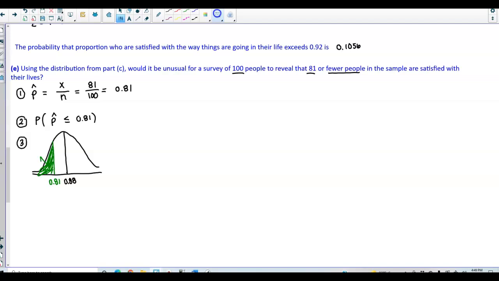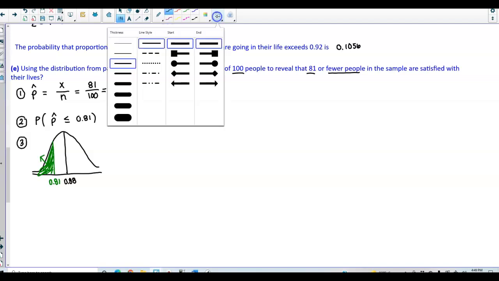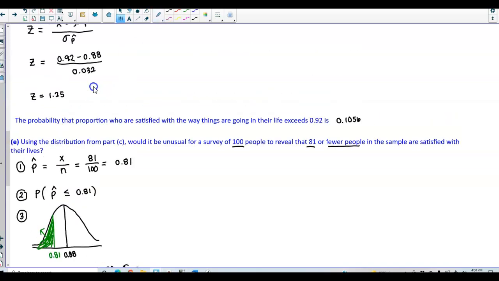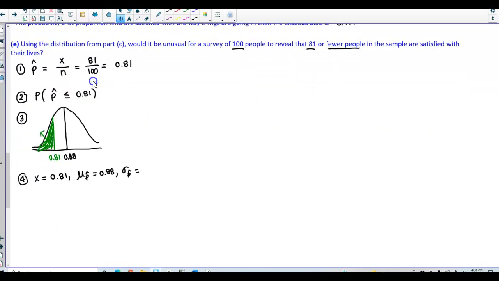So we want to find this area here. And so what we want to do now is determine, okay, what is the z-score for that? Well, we know the value of x is going to equal 0.81. We know that the mean of the population proportion is 0.88. And we know the standard deviation of the population proportion from part C is 0.032.